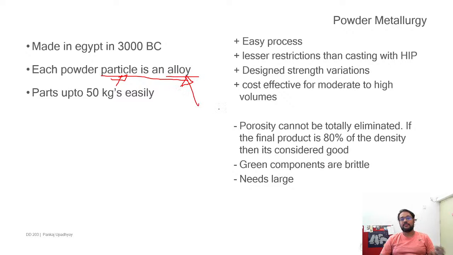So you can have a part made out of multiple alloyed materials also. Okay, there's some compatibility that you need to think about, but it is definitely possible. Okay, it's relatively an easy process. There are lesser restrictions.